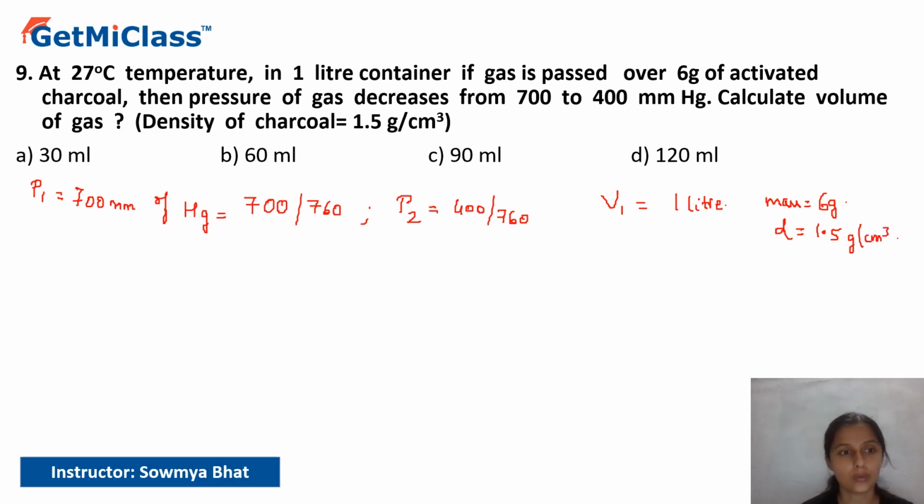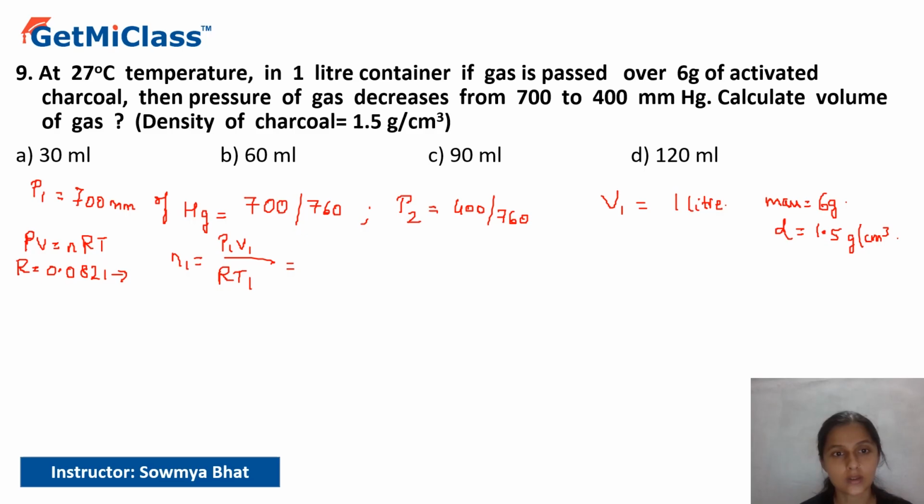So now you have to find out the initial number of moles and the final number of moles here. N1, we know that PV is equal to nRT, where R is the gas constant and whose value is 0.0821 liter atmosphere per mole per Kelvin. So if you are going to substitute, the initial number of moles, N1 is equal to P1V1 over RT1.